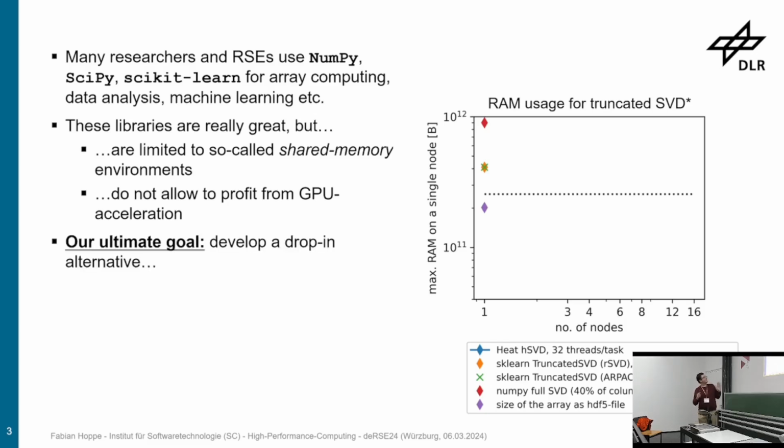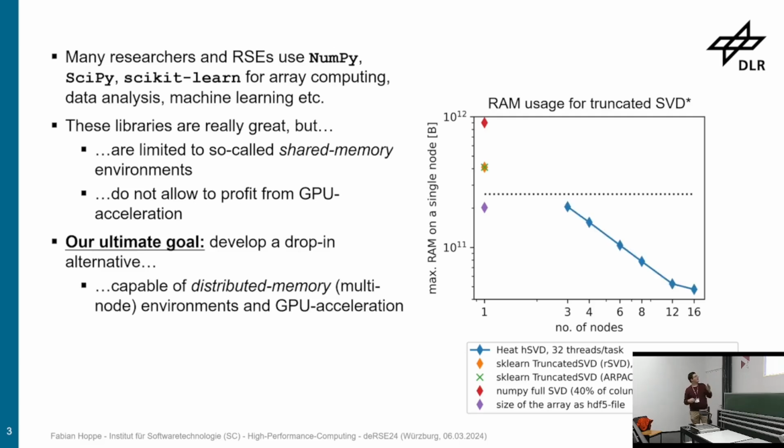So our ultimate goal, and of course that's rather a vision than the status quo, is to develop a drop-in alternative for these libraries that is capable of distributed memory, so multi-node environments.